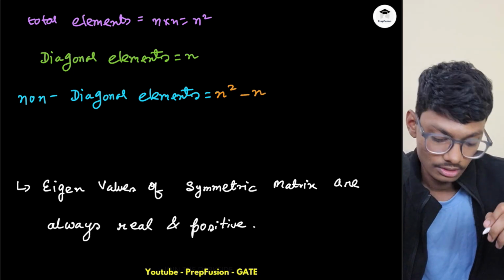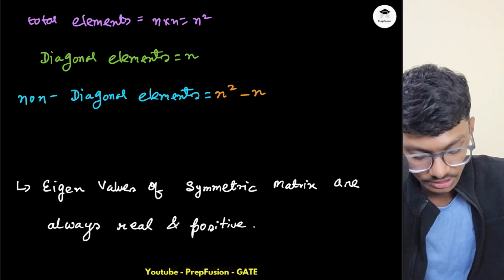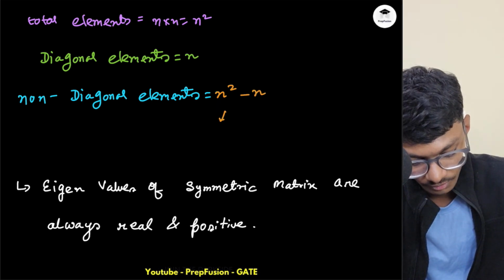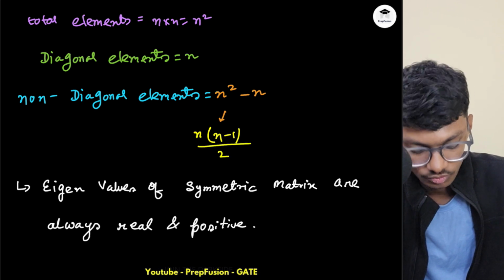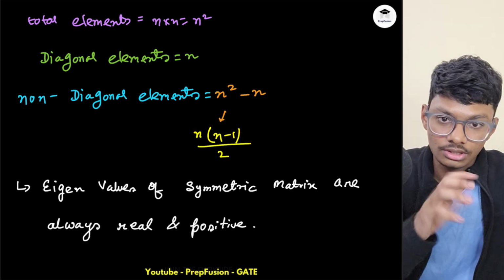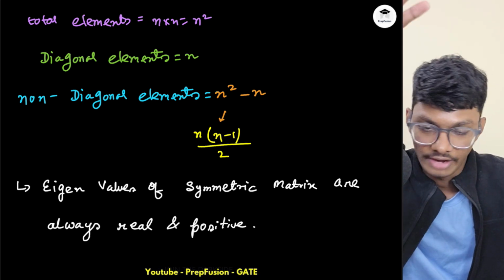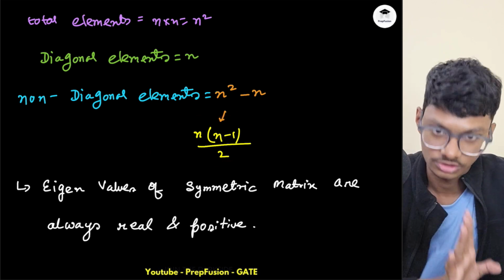Now above the diagonal and below the diagonal, I will divide this by 2. Taking n common, it is n times n minus 1 divided by 2. Basically half gets divided: these are the number of elements above the principal diagonal and below the principal diagonal. Put n equals 2 here and you get 1.